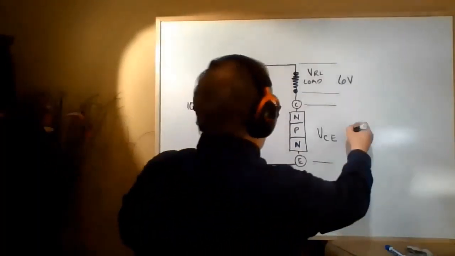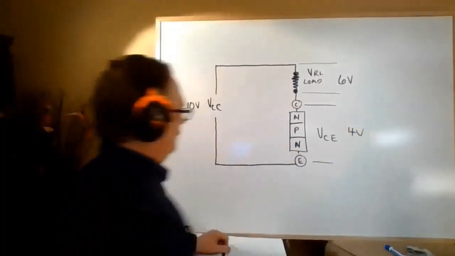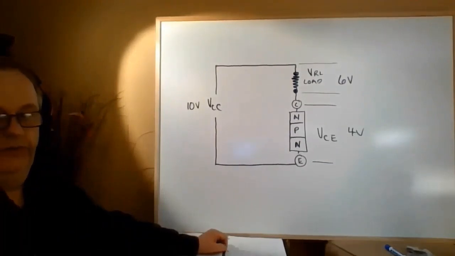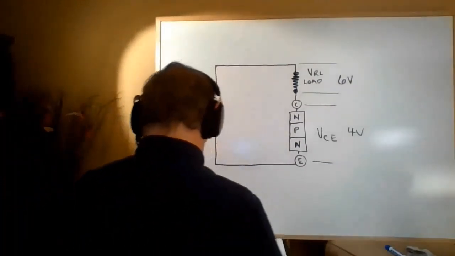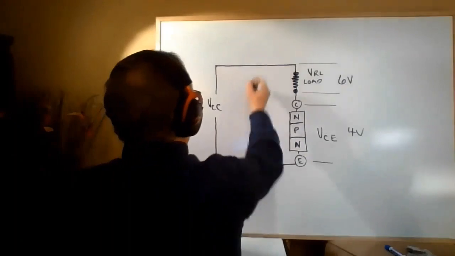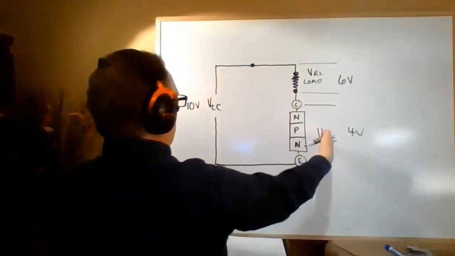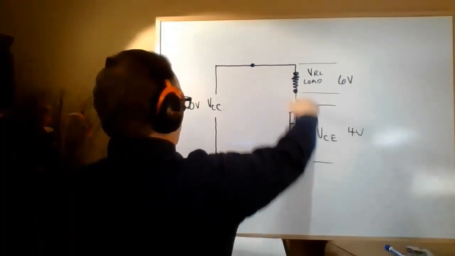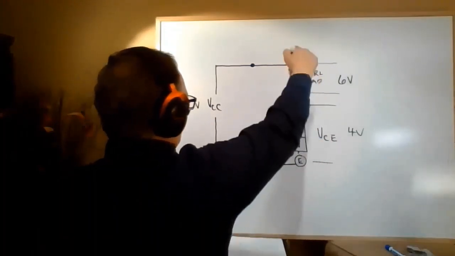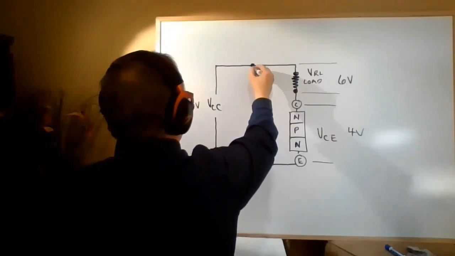In this case, it would be 4 volts because it has to equal 10 volts total. They're in series with each other. Now, we do have one more branch in this circuit, which is parallel with this branch here. So this here we could call the load branch, and this is the base branch.